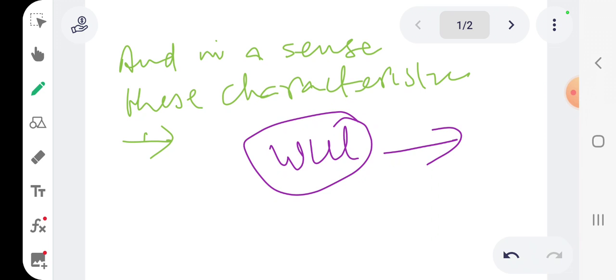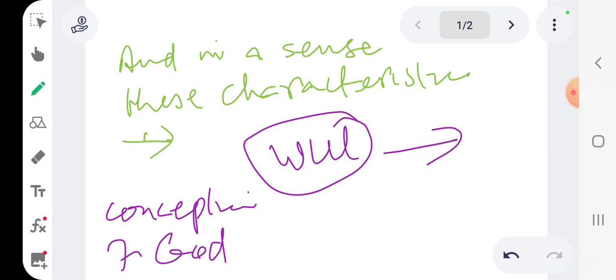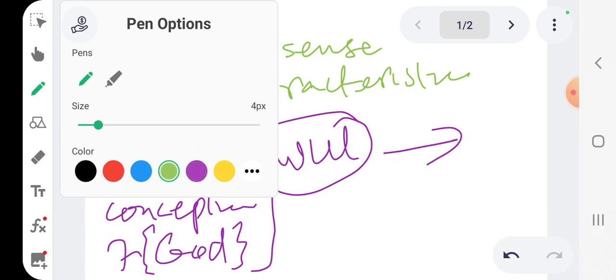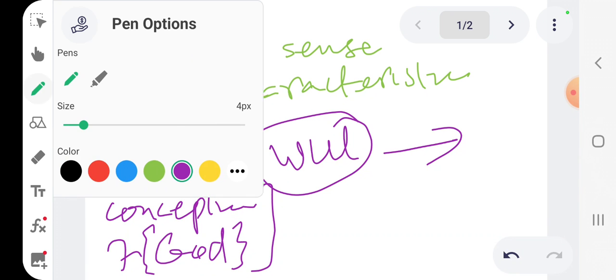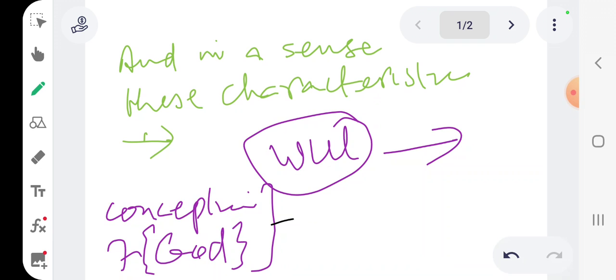That's how, for example, the conception of God is defined in the Abrahamic tradition. For example, God is yafalu ma yasha according to the Quran.